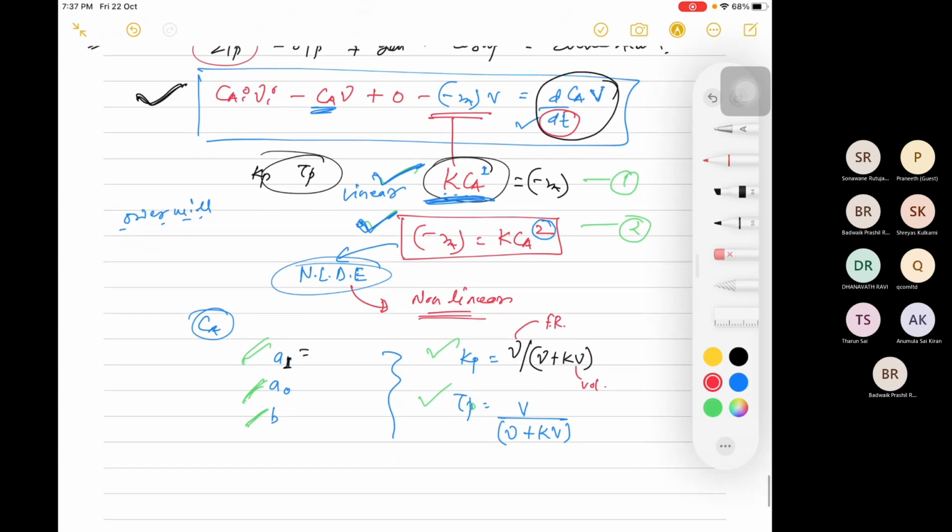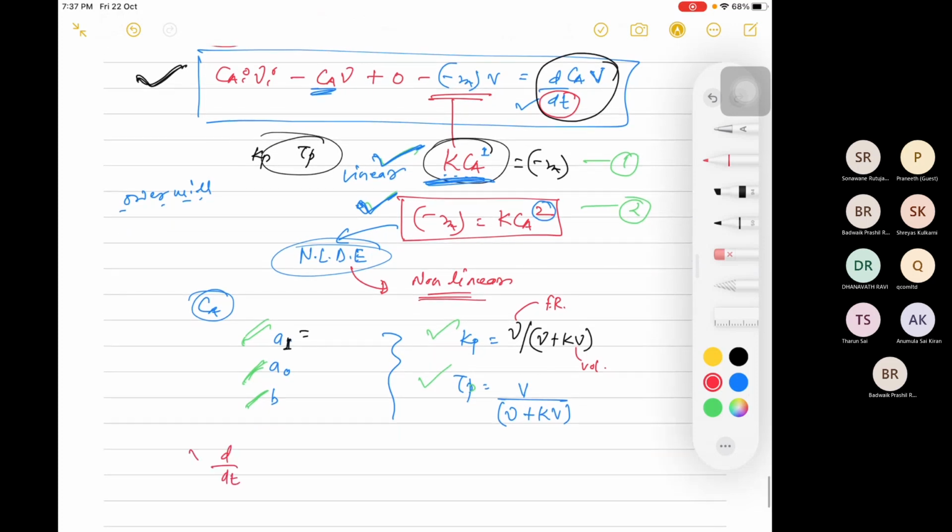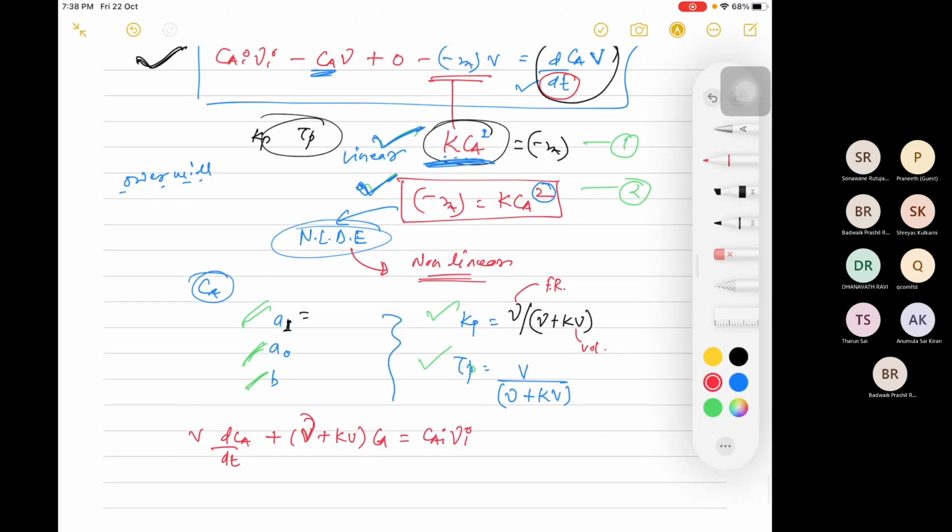Take CA common, then your equation becomes d by dt of V into CA, and if you take CA common, nu plus Kv into CA, plus the next term will be input CAi into nu I, and you know nu I is equal to nu, both flow rates are the same, right?